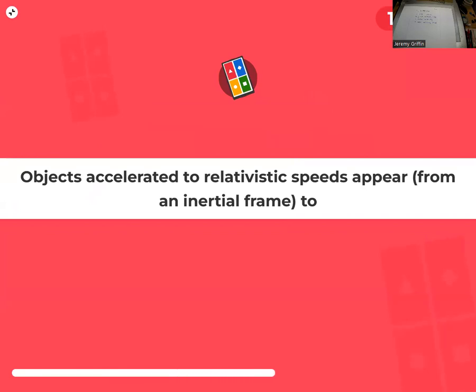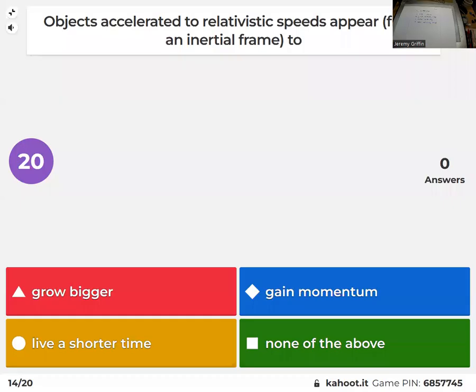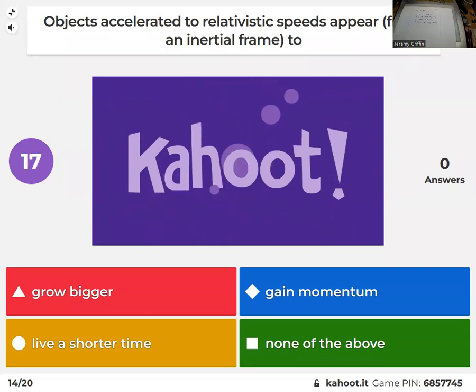Objects accelerated to relativistic speeds appear to what? Length dilation. Remember that train going through that tunnel?